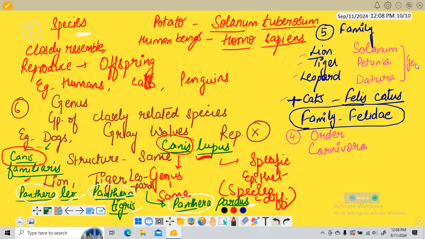These are three different genera and they are placed in family Solanaceae. This is in case of plants. So Solanaceae, if I talk about order, its order is Polemoniales. In case of plants.